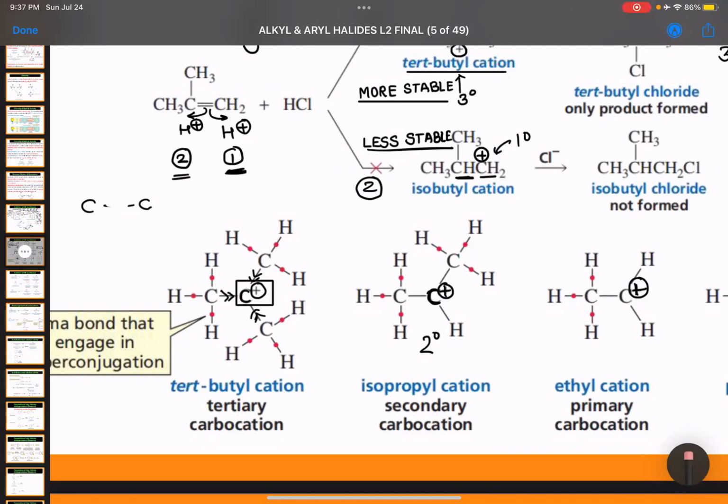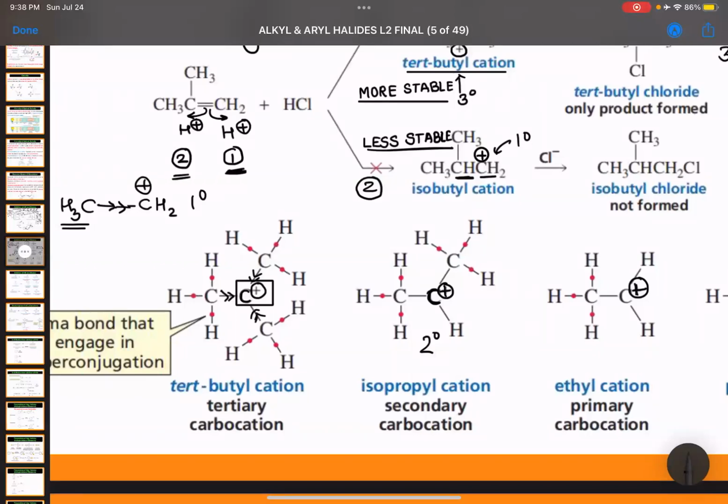But suppose an alkyl group like CH3 is there and C plus is there, let's say it is a primary carbocation, because this C plus is connected to only one carbon atom. This alkyl group is not electronegative, so it will just push the bonded electrons slightly towards the C plus.